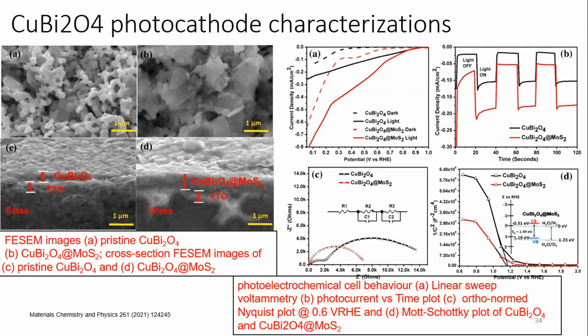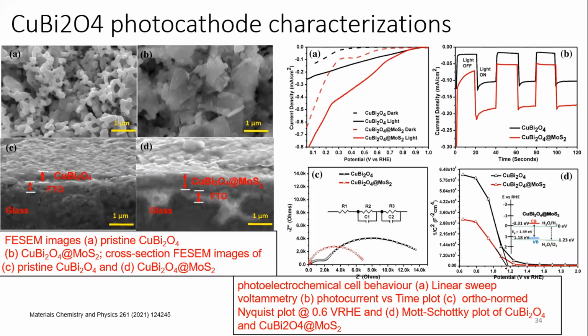The EIS spectra, I didn't show the results here. We got the charge transfer resistance and charge transport in bulk, and everything is smaller for the MoS2 system than for this bare system. From the Mott-Schottky analysis, we got the flat band potential of about 1.1.